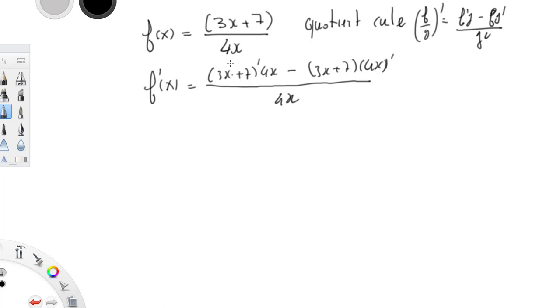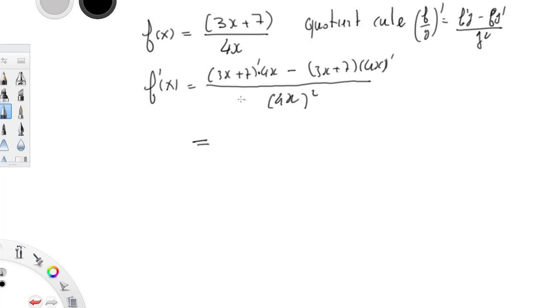This looks like you do f prime, which is 3x plus 7 times g, which is 4x, minus f of x times g prime over 4x squared.